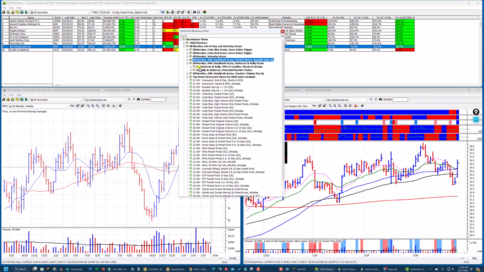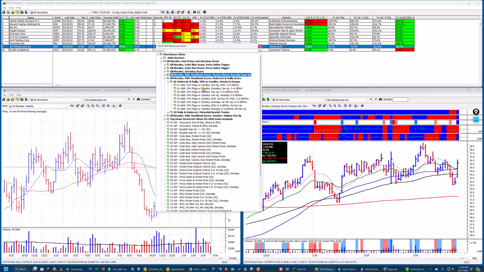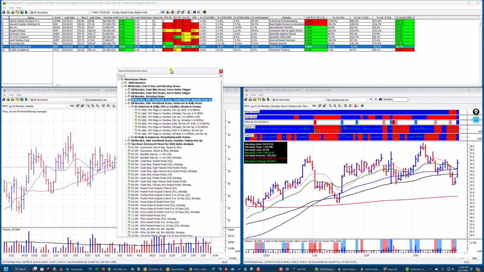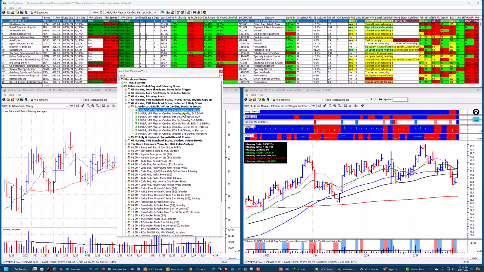These are scans that I created a while back, and they work pretty well. I mean, they're not perfect by any means, but what it looks for are stocks that are undercutting 3 below the 6. That's why I put that 3 below the 6 chart in here, and some other charts.